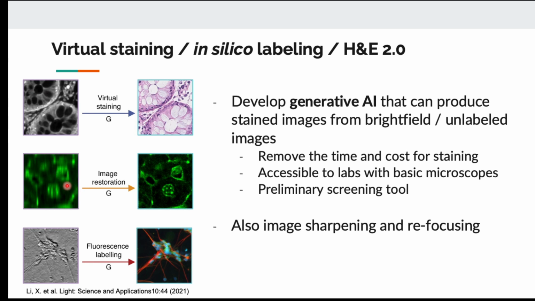Similarly, some people try to create a model or tools that can help you deal with low quality image. If you take the image and it's blurry, it's out of focus, because it still contains the information of the cell, we don't want to throw it away. Sometimes there are approaches that we can use to predict what would be the original sharp image that gives rise to this noisy, blurry picture.